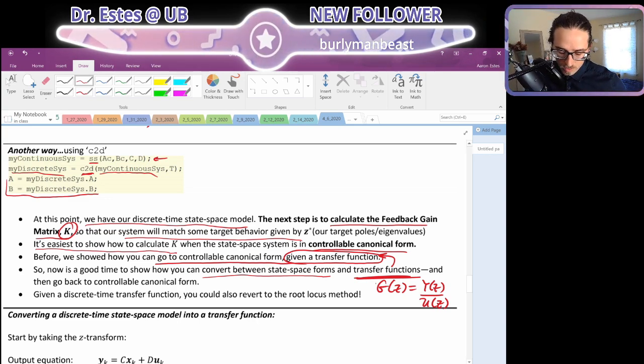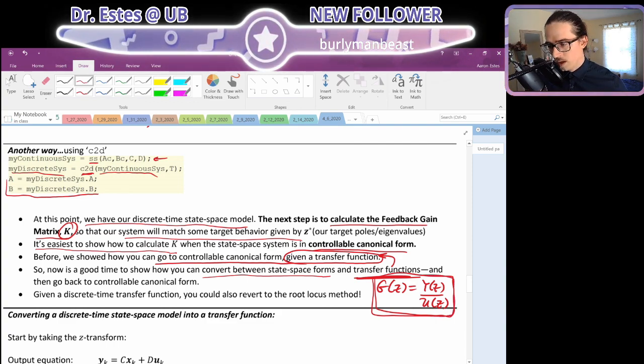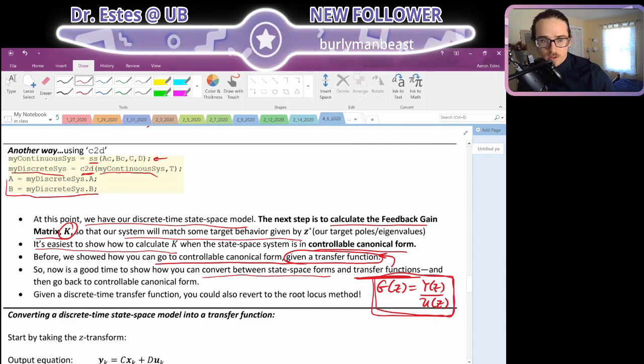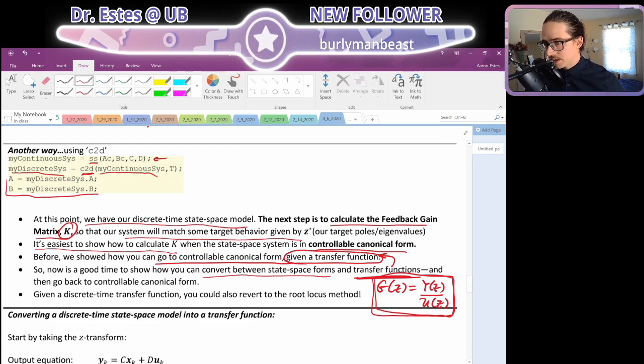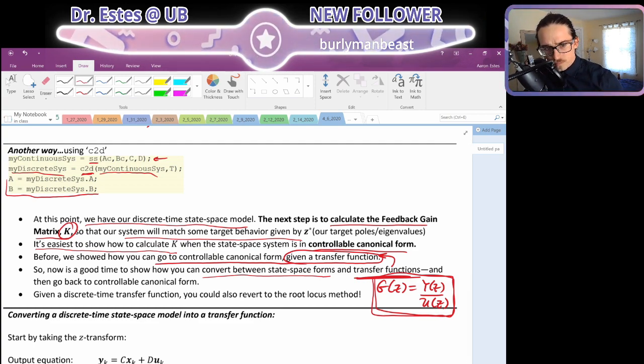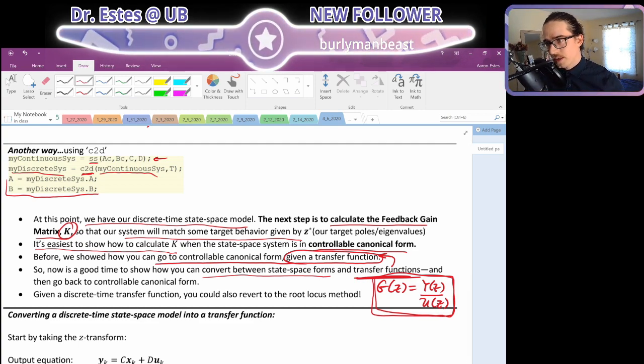But there's another reason it's good to show you this, because in the future you might be designing some control system and decide you want to use the root locus method. But for the root locus, we like to use transfer functions.